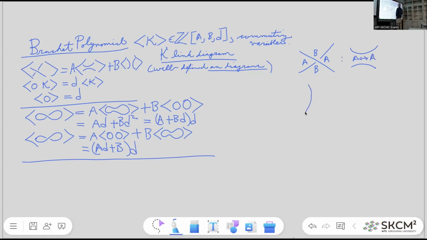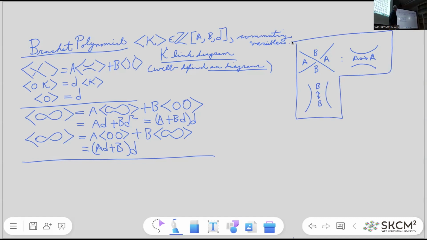And when you smooth it this way, the B's are communicating with one another. So that's one way to remember which way you want to write A or B. Because if you're looking at this, you might be confused at the outset, which way do I write this, A or B? But A is determined by that smoothing that puts the A regions in contact with one another.